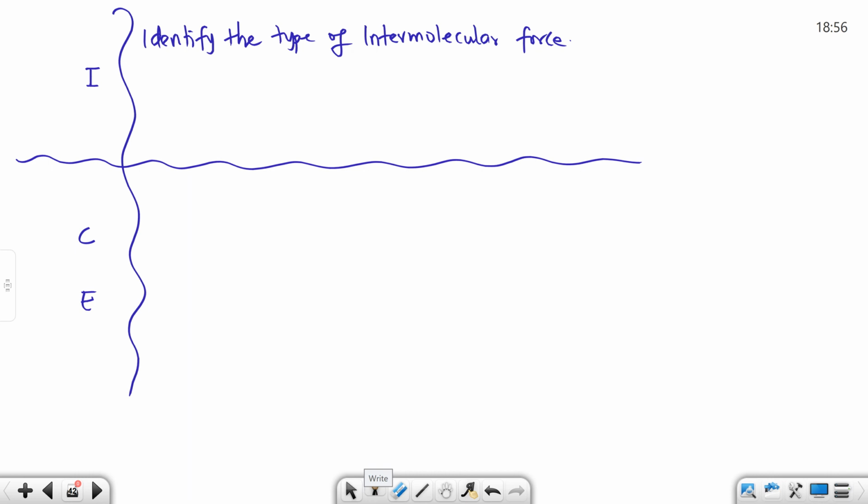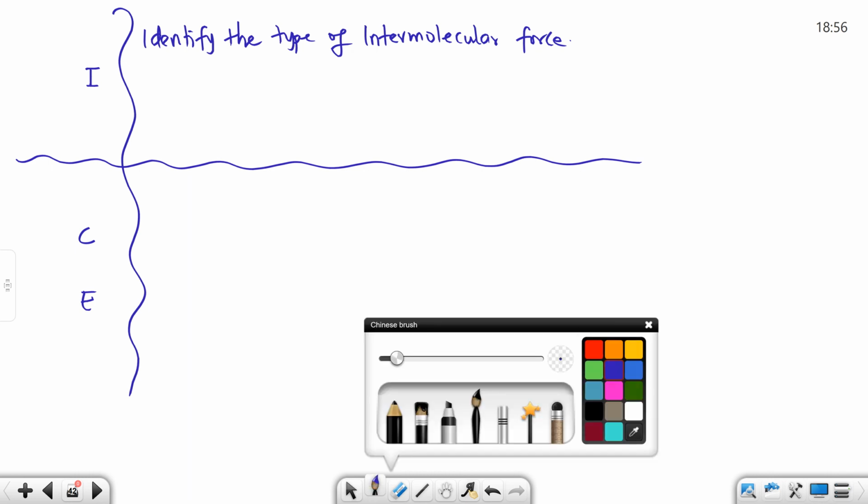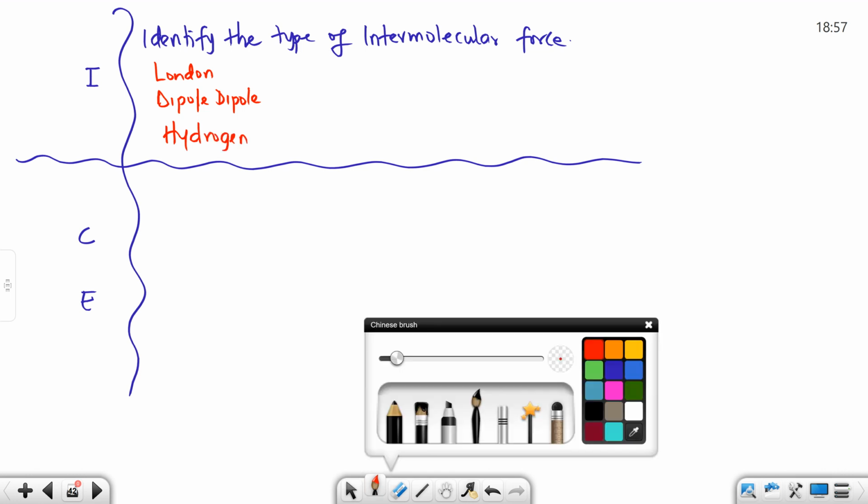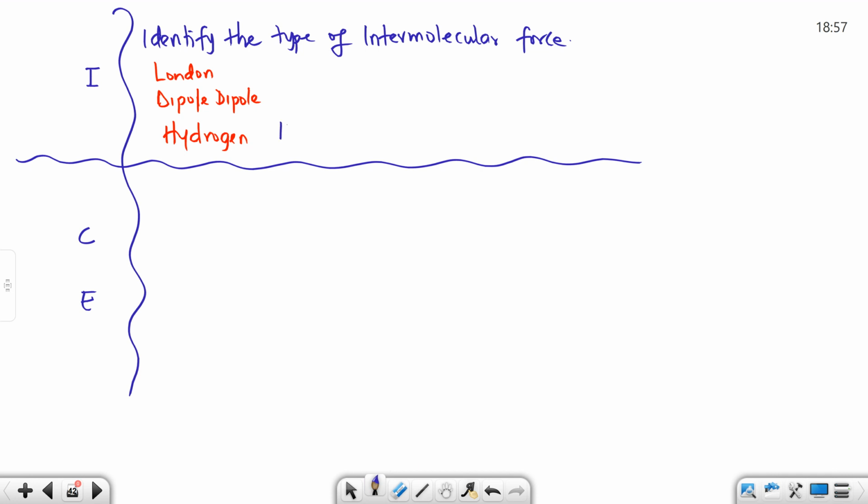All right. Identify the type of intermolecular force. Look, there are going to be 3 of them that you would be using. London, dipole, and hydrogen. Where do you find hydrogen? Hydrogen and oxygen.